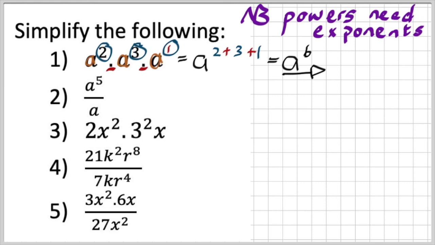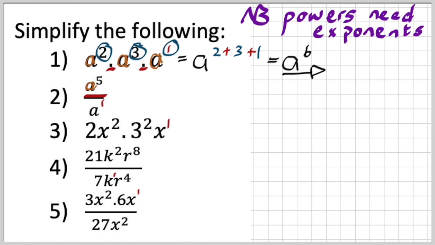Let's have a look at question 2. Now, question 2 and the rest, I'm first of all just going to write all the 1s where there should be 1s, just so that I don't get stuck there every time. Question 2, I am dividing the same bases.